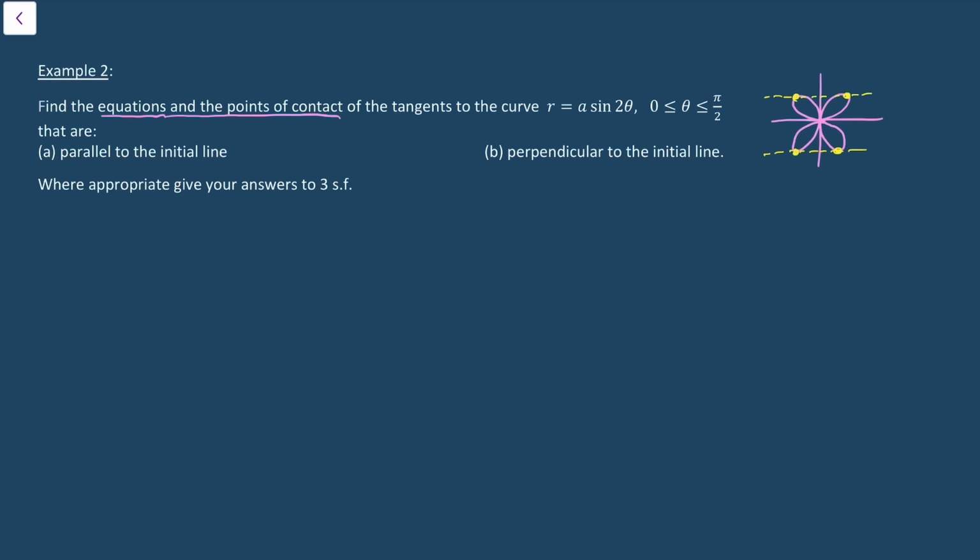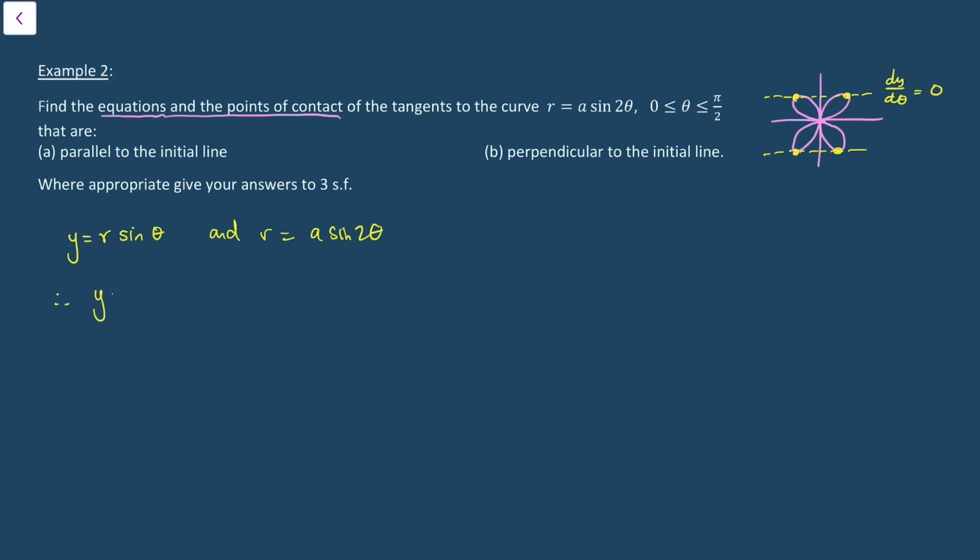Right, so let's begin. Parallel to the initial line is where dy by d theta equals 0. So I know that y is equal to r sine theta, and I know that r is equal to a sine 2 theta.